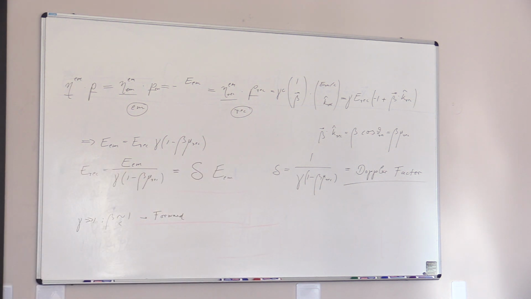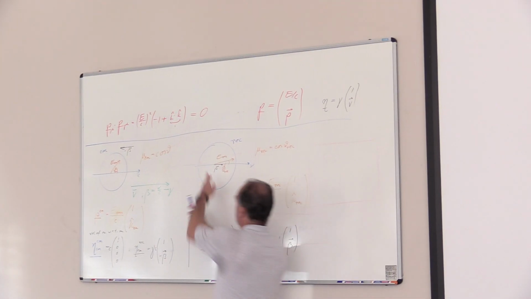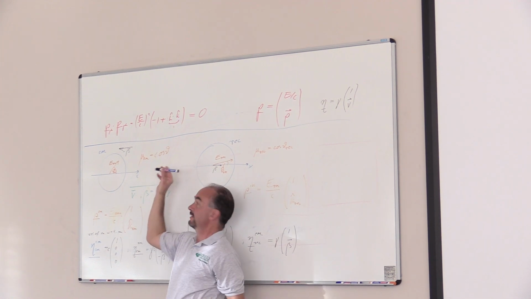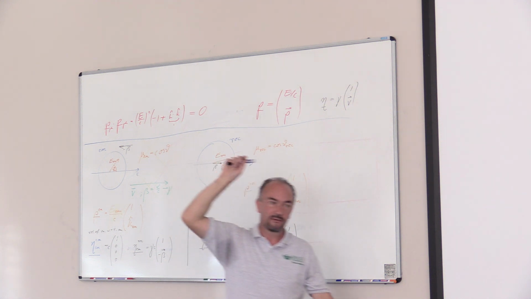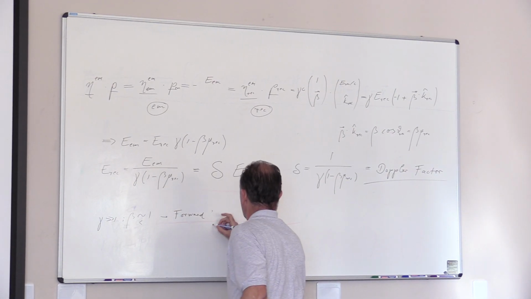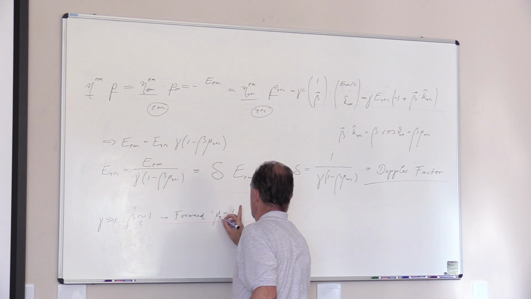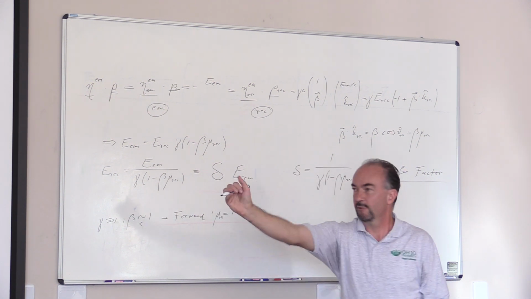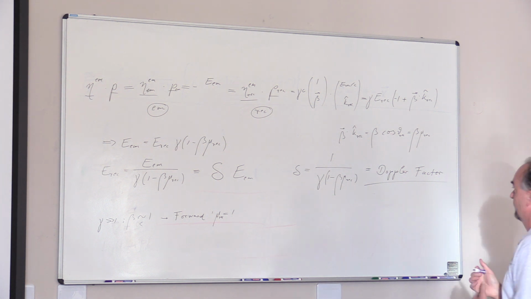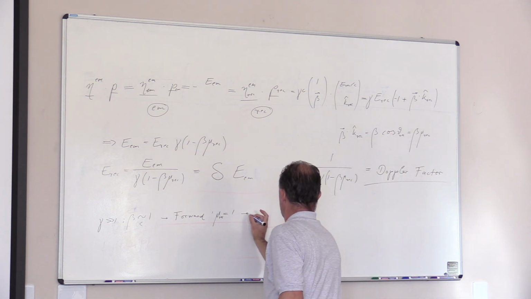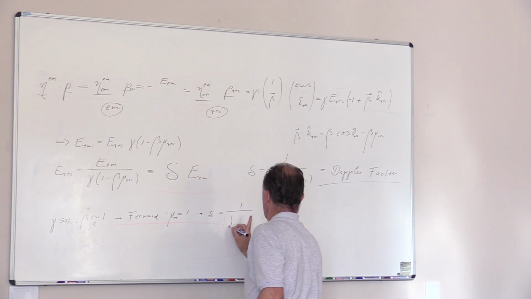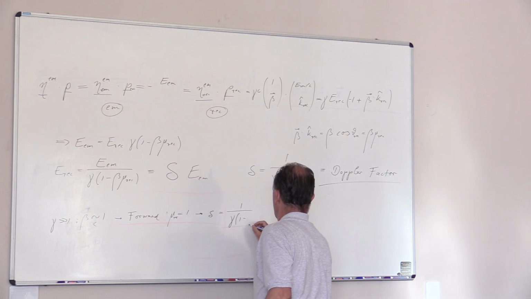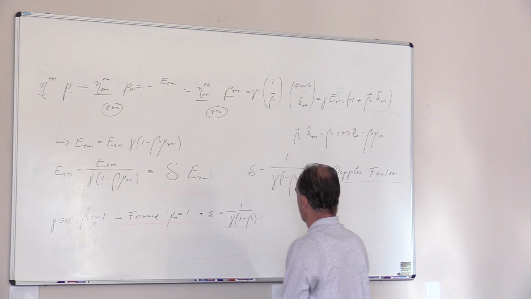That means we're looking at a light source that comes straight at us, and light is emitted straight towards us in the direction in which we're moving. Then this angle mu is 1. It comes directly along the x-axis. So then delta is 1 over gamma (1 minus beta).